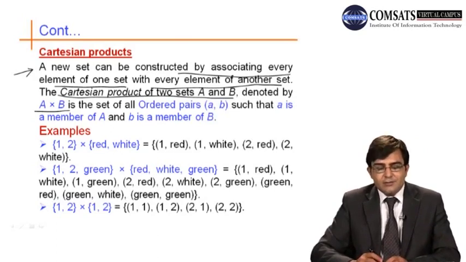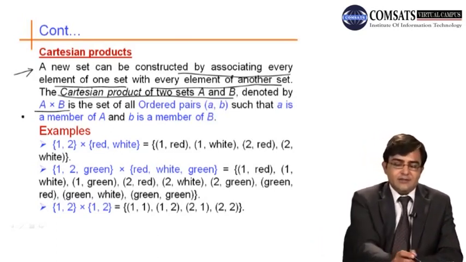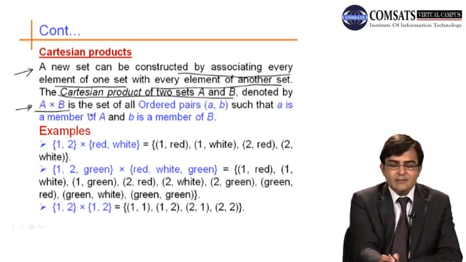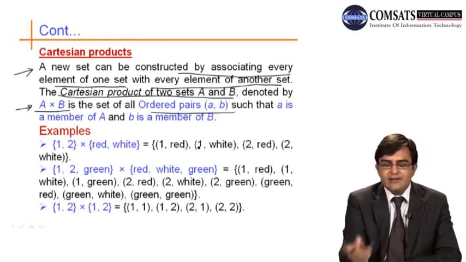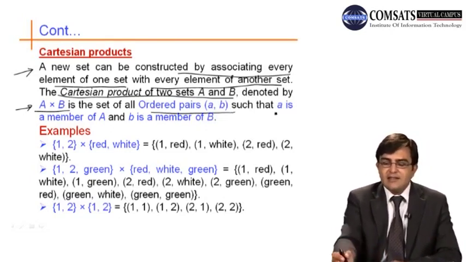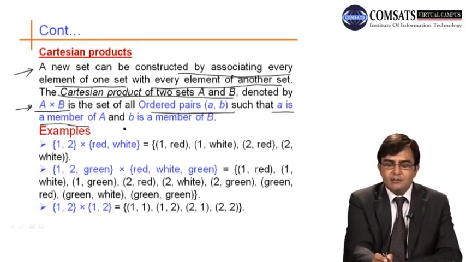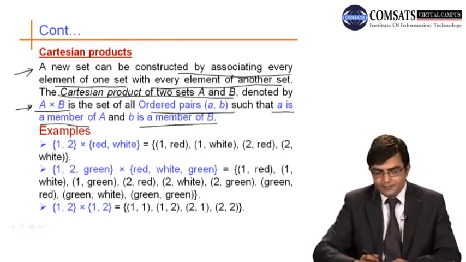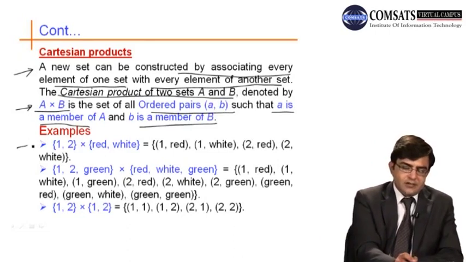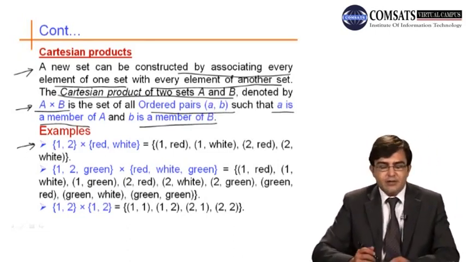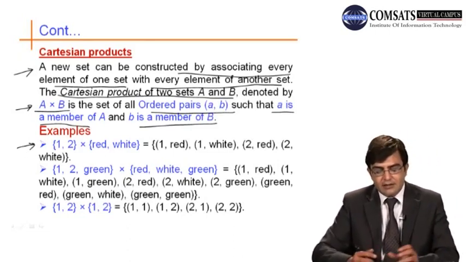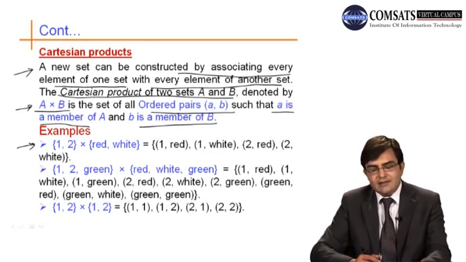The Cartesian product of A and B is denoted by A cross B, and it is the set of all ordered pairs (a, b), such that a is a member of A and b is a member of B. For example, if the set A is {1, 2} and the set B is {red, white}, what is the Cartesian product of these two sets?